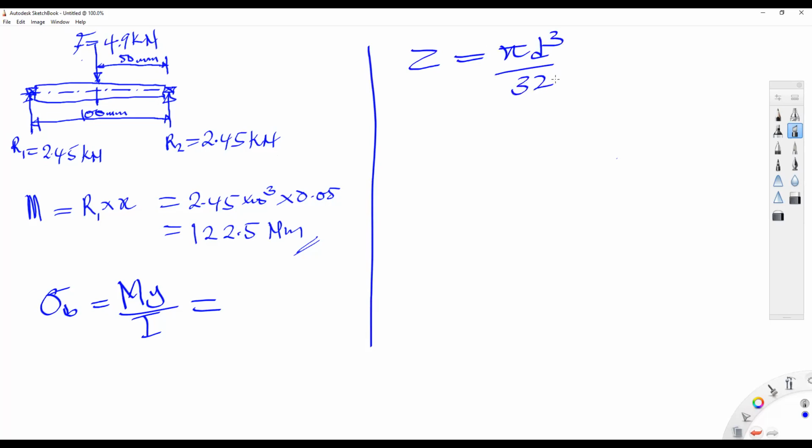But what is the second moment of area for a circular cross section? That's what I want to know.